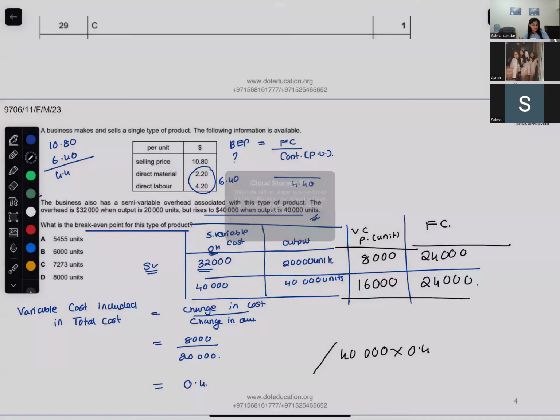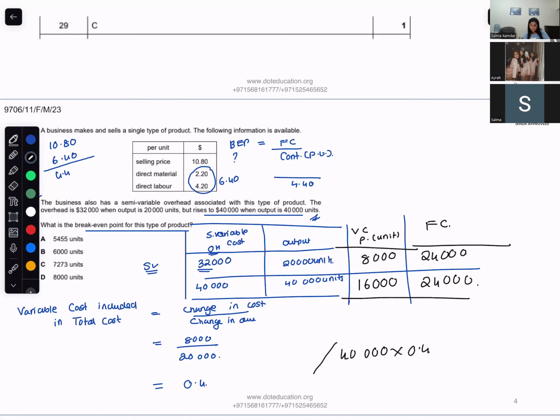You will do 24,000 divided by 4.4. Why 4.4? So that's contribution. But you've got variable cost now. Oh yeah, we've got variable cost. What is selling price? It's 10.8. Variable cost is 6.4 and you minus 0.4 also.